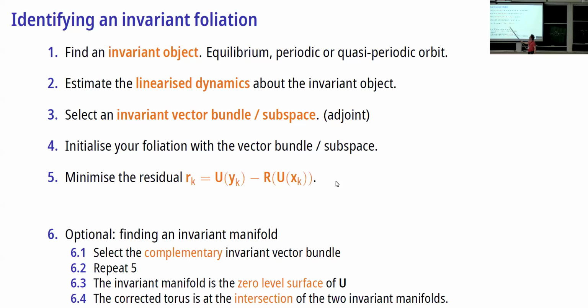Because the invariant manifold is the zero-level set of this U. So when this U is small, R can be linear, and this becomes much simpler. That's actually a Koopman eigenfunction. Right. And if you've done it right, then you correct the prediction for your invariant torus, because that's in the intersection of the two invariant manifolds defined by the zero-level sets of your foliations.